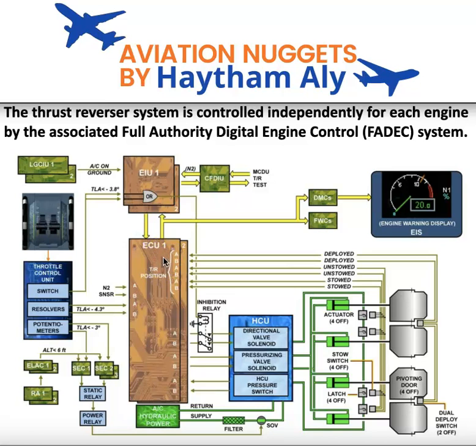Okay, so if we speak about thrust reverser management operation, it must come manually from the thrust reverser latching lever on the throttle control levers. The pilot needs to deploy the thrust reverser latching lever in order to move the throttle control lever in the aft segment.